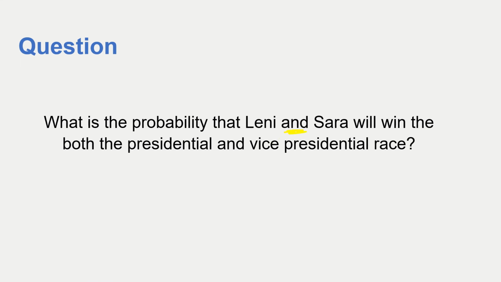Take note of the word "and". Lenny and Sara are two independent outcomes. If Lenny wins, it does not automatically mean that Sara will win, nor that she will not win. Meaning, the probability of Lenny winning will not affect the probability of Sara winning the vice presidential election.